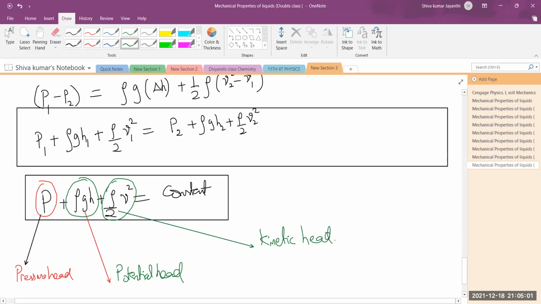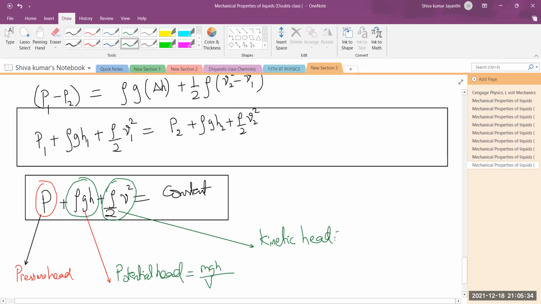So the sum of pressure head plus potential head plus kinetic head is a constant. Pressure head means pressure energy per unit volume. Potential energy means potential energy per unit volume. It's very clearly seen there. Density is written there. Density means mass per unit volume. So this is nothing but mgh by V. Potential head means mgh divided by volume.